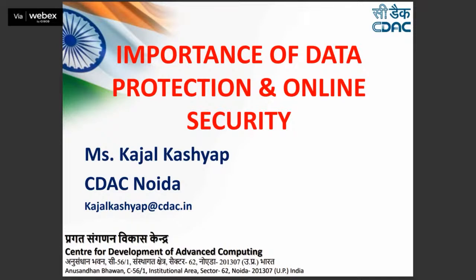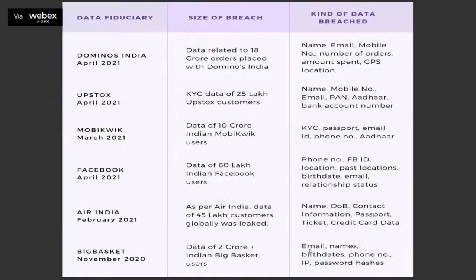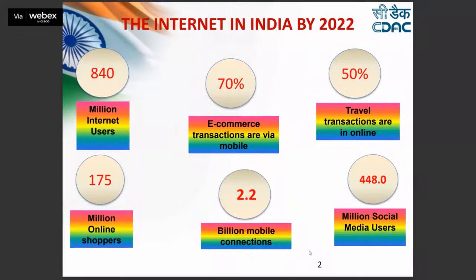So with this, let's start with a very basic term. These are the figures you can see here. This basically tells the internet in India by 2022. It tells us how many people in India are actually using the internet, and in which ways.